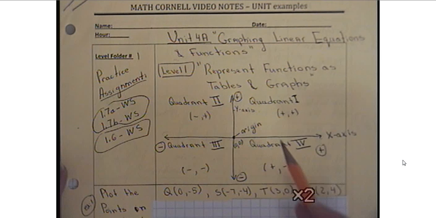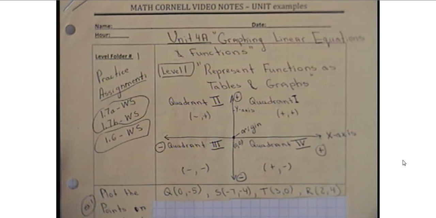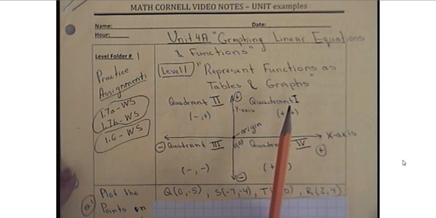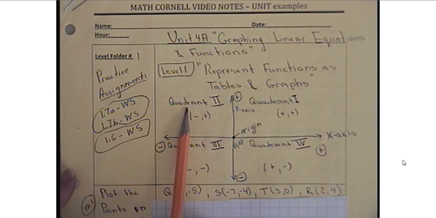Okay, so we have origin 0 and 0. 0 for x, 0 for y. After that, next thing we want to label are the 4 quadrants. So we always begin with quadrant 1 and then we go counterclockwise, because the next one will be quadrant 2, then we have quadrant 3 and quadrant 4.